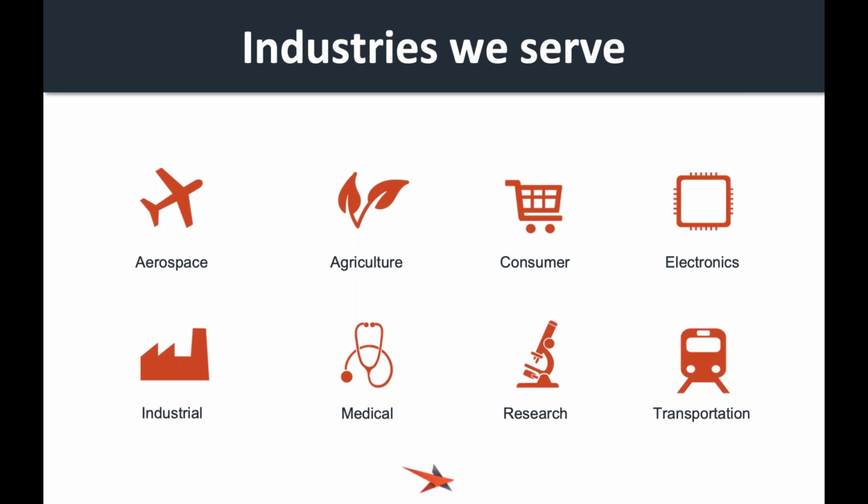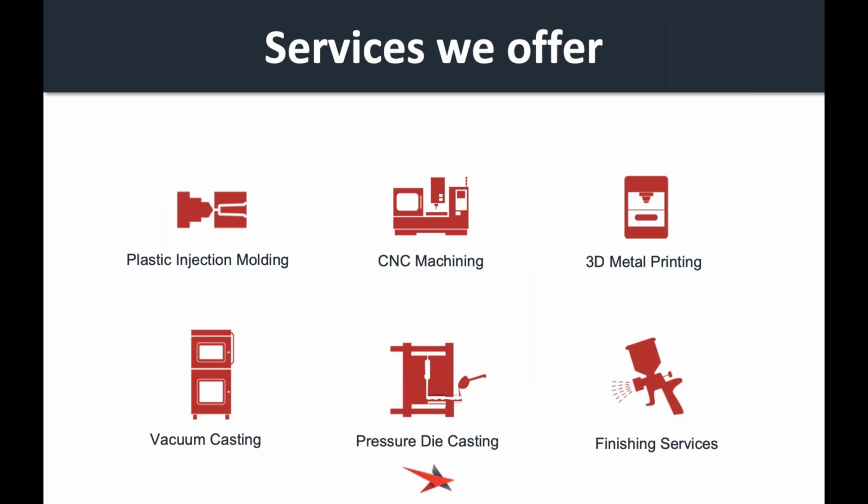They're as diverse as aerospace, agriculture, consumer products, the electronics industry, medical research, and transportation. We do this via CNC machining, plastic injection molding, metal 3D printing, vacuum casting, pressure die casting, all complemented with a variety of finishing services like painting, plating, anodizing, laser marking, etc.